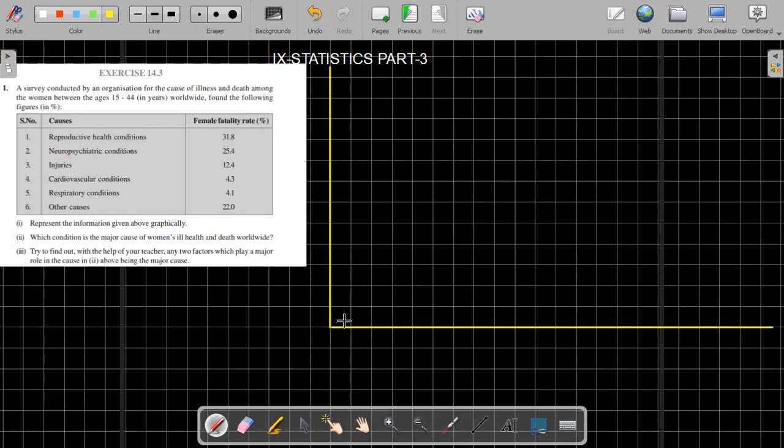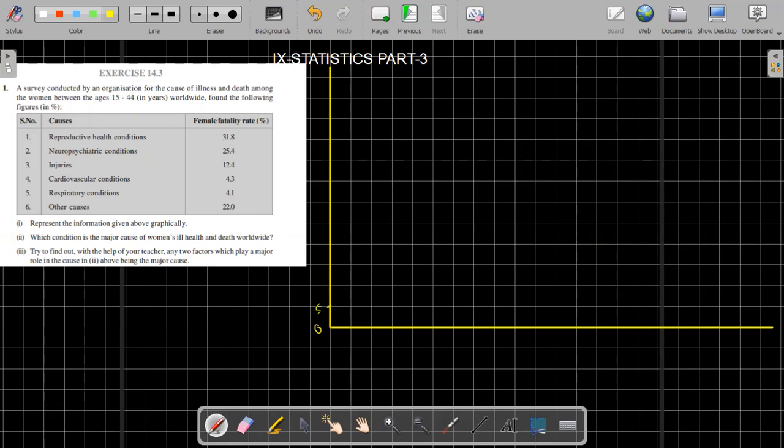Okay. So we have this value. This value is up to 31. So we can start taking from 0. Here we can take 0, 5.